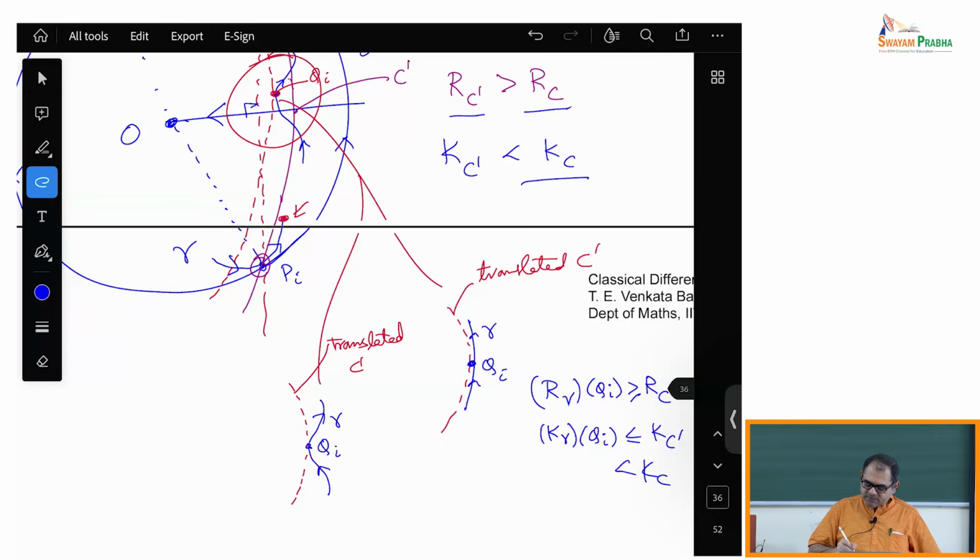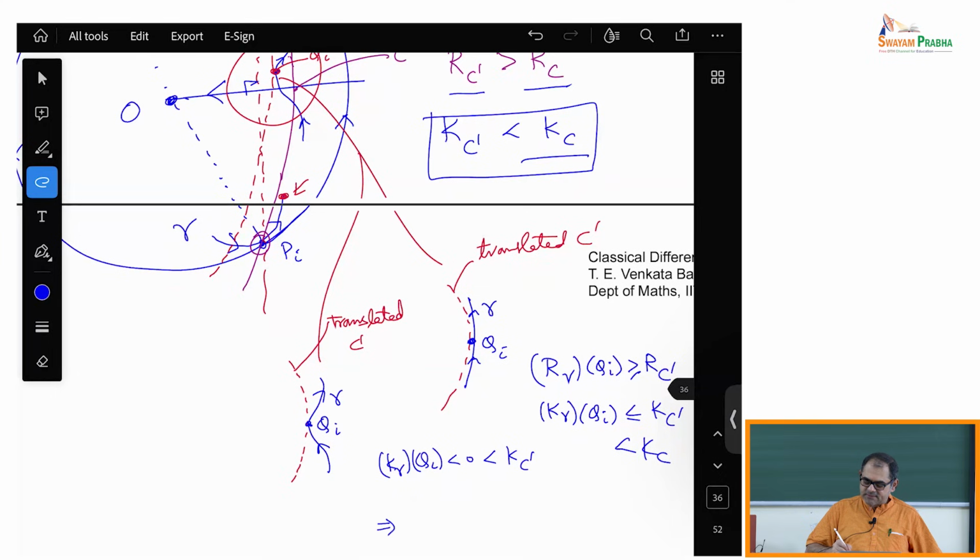And in this case, the sign curvature of gamma at Qi is actually negative, and is certainly lesser than Kc prime. Okay, and remember that Kc prime is strictly less than Kc. Therefore, the moral of the story is, in either case, you get a point Qi such that K gamma at Qi is strictly less than Kc in any case.